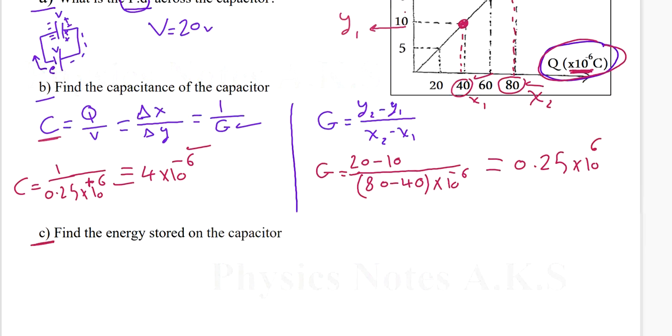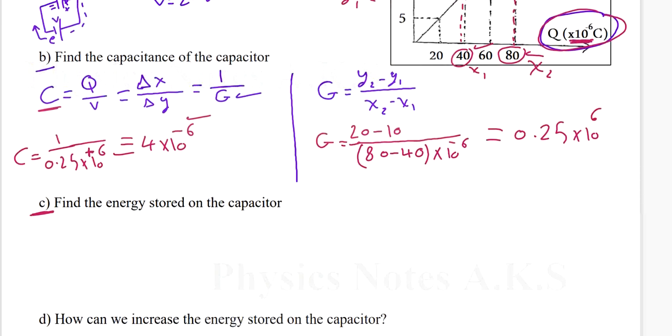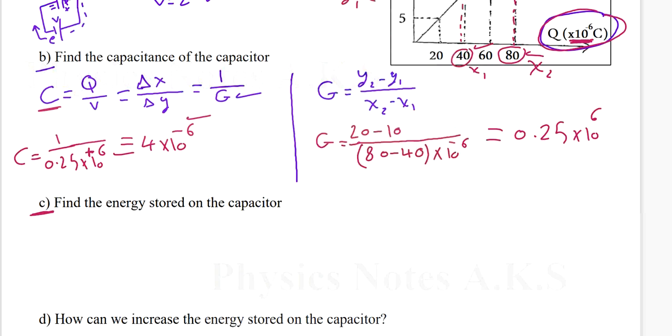In part C, they want us to find the energy stored on the capacitance. Let me change the color, I will choose the green. Energy equals half C V squared.